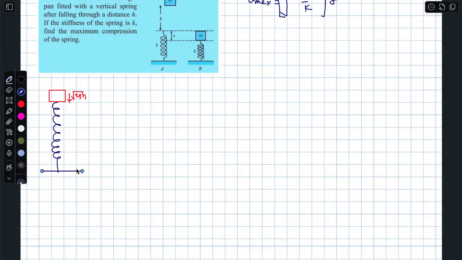Remember, we will take this as our standard reference. For our convenience, we will call this U hereafter. And this is the relaxed length.